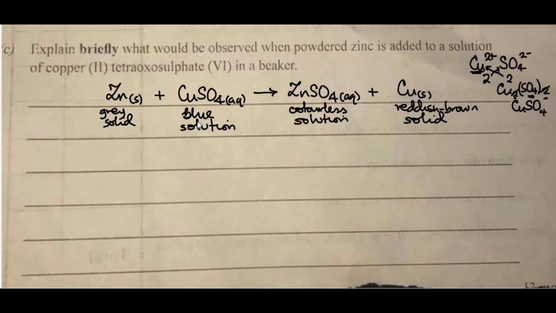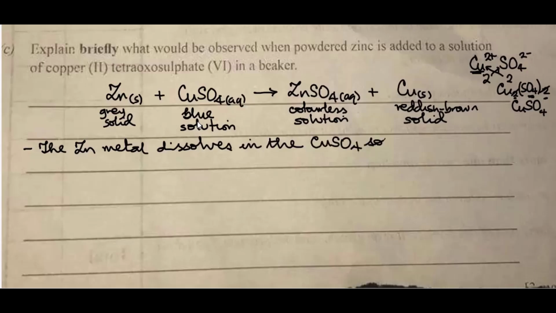So what are our observations? We are not told to state our observation. We are told to explain briefly what would be observed. So the zinc metal, or the powdered zinc, whichever one, dissolves in the CuSO4 solution, right?